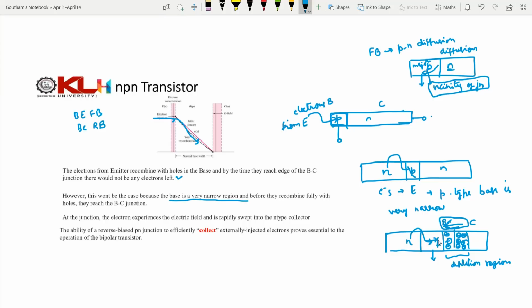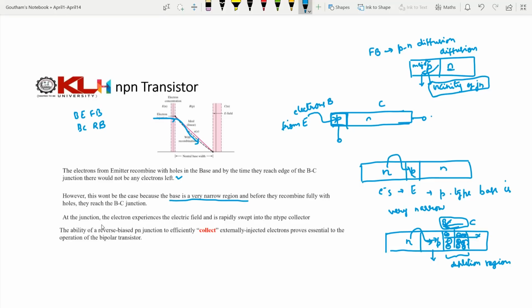This electric field starts pulling these electrons, so even though this junction is reverse biased, the externally injected electrons are pulled across the junction and move to the collector region. See how beautiful it is.